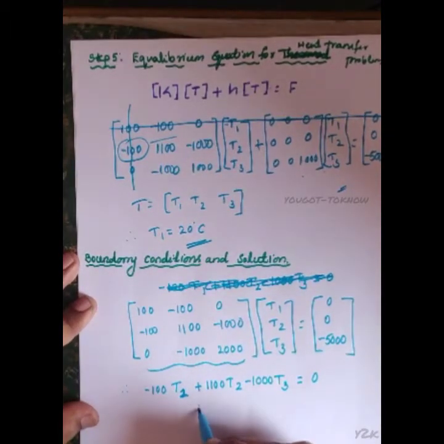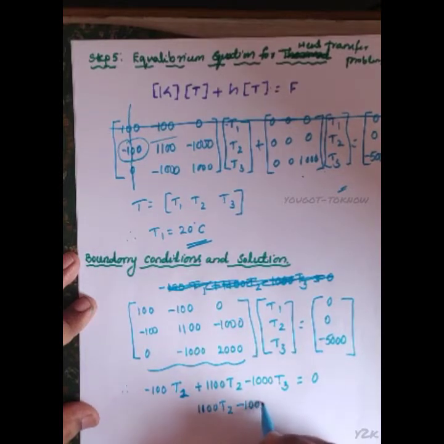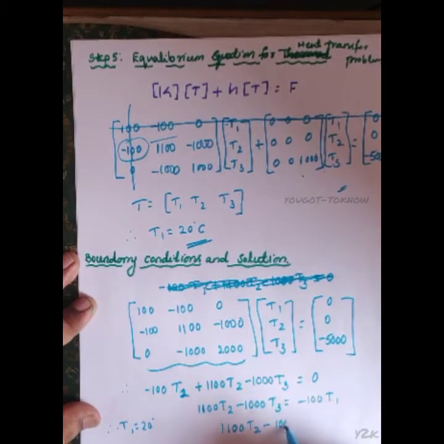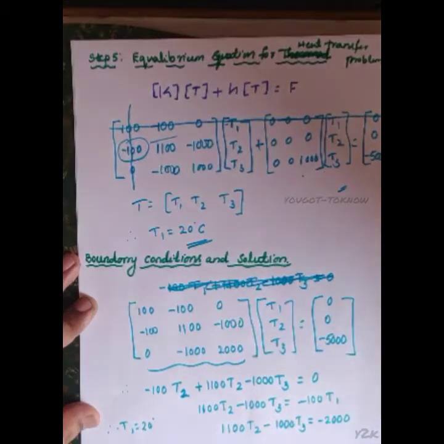Now if you solve this, what do you get? 1100 T2 minus 1000 T3 will be equal to minus 100 T1. Is it correct? What is T1? We know that T1 is equal to 20 degrees Celsius. That means this equation becomes 1100 T2 minus 1000 into T3 is equal to minus 100 into 20, that means minus 2000. Now this is your equation number 2.